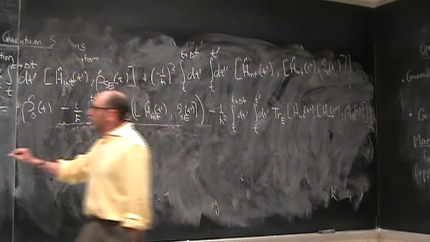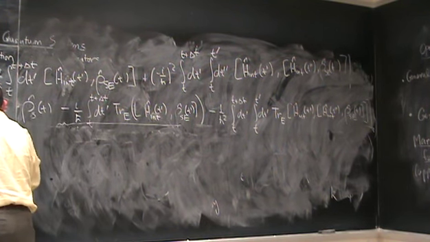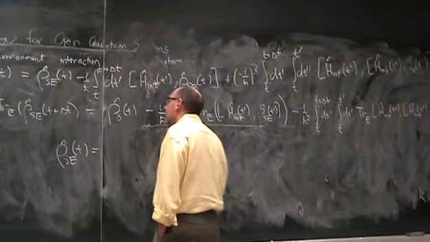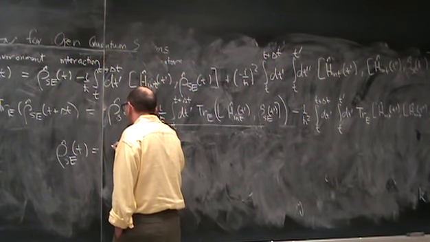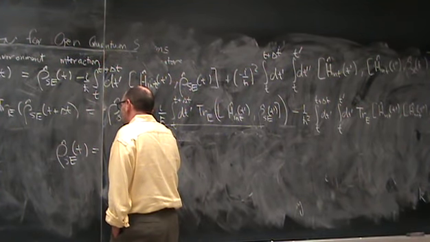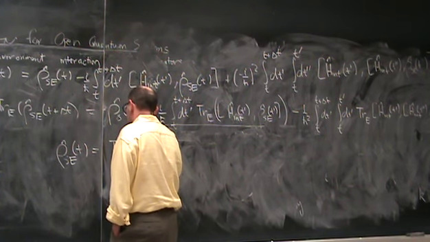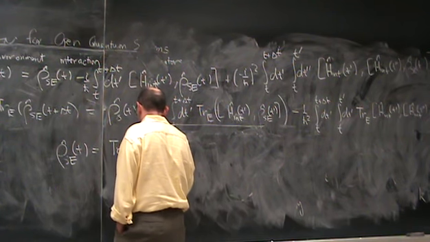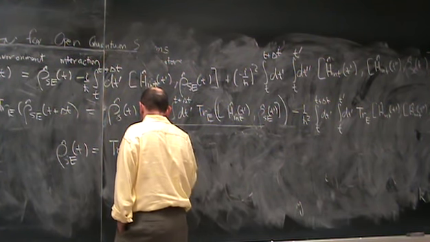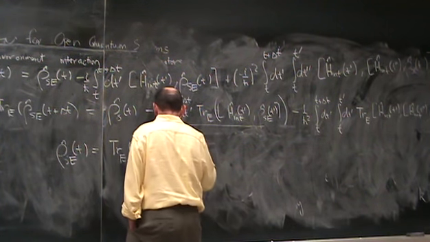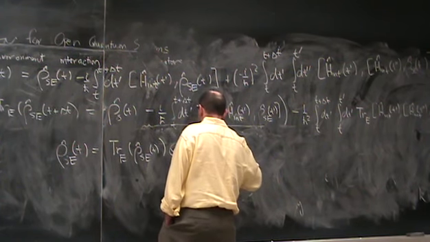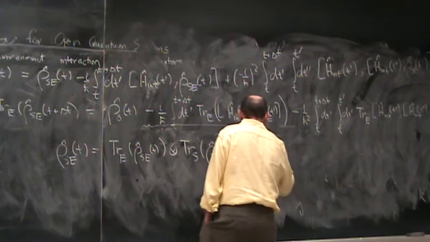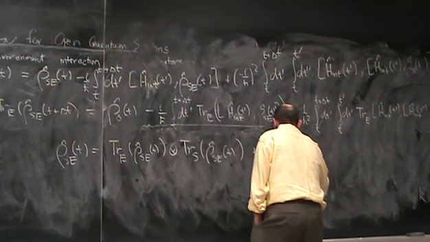Now, the joint density operator at time t can be written, as always, as some product contribution, which is whatever I get when I trace over the environment of the joint thing, tensored with tracing over the system of the joint thing, plus a piece that's the correlation.